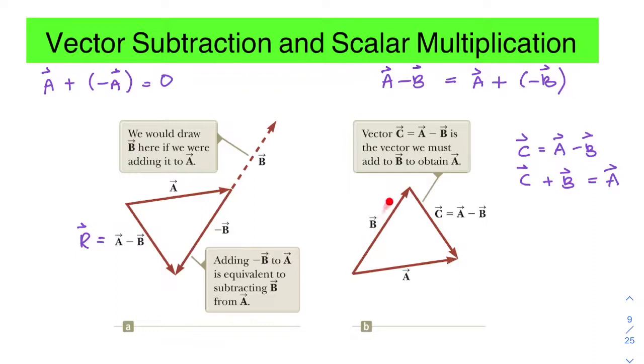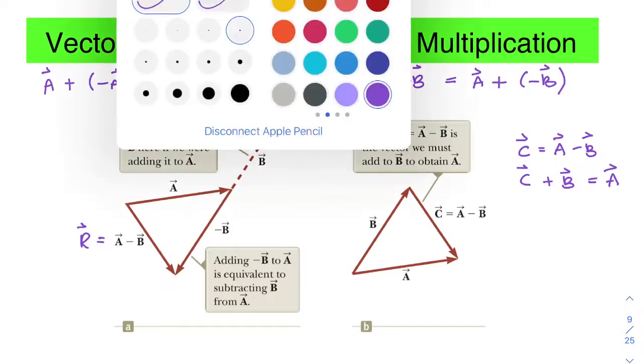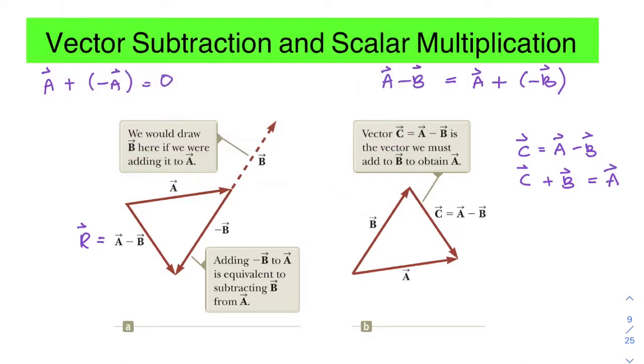And then you have B here, and then you have another vector to add up to B in order to get to A. So in terms of drawing, firstly, you have B. You have vector B.